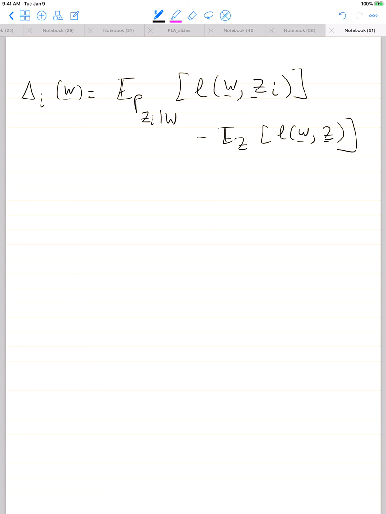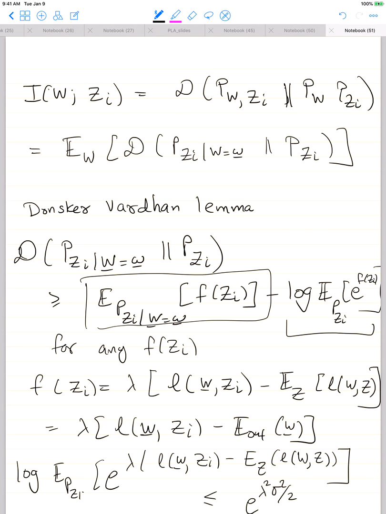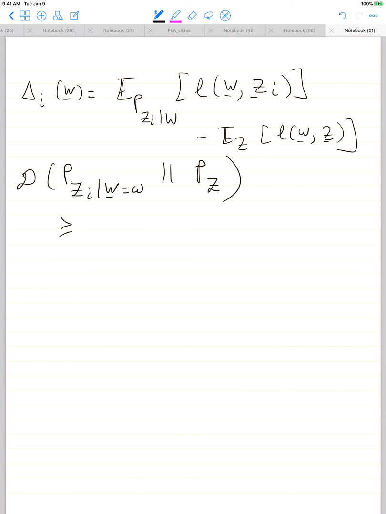Then what we have shown is that the relative entropy between P of Zi given W equals W and P of Z, which is the same as P of Zi, is going to be lower bounded by lambda times delta I of W minus lambda square sigma square by 2 for all lambda in R.